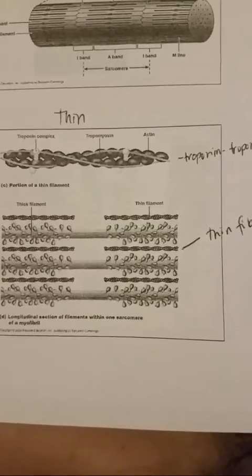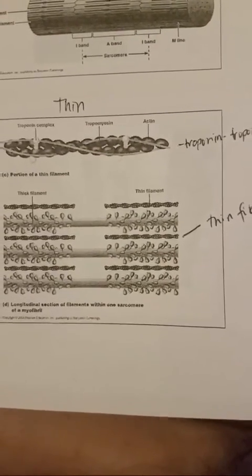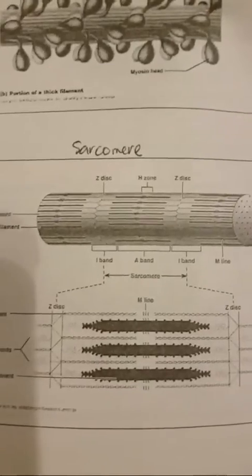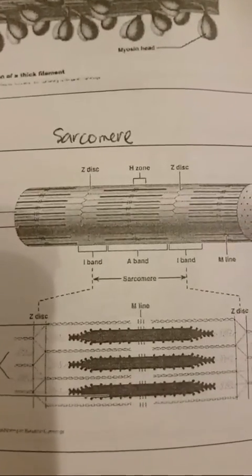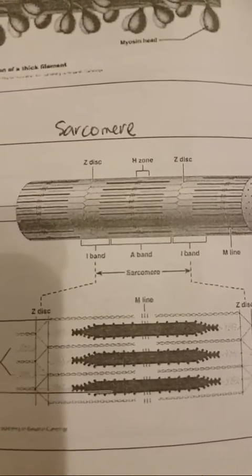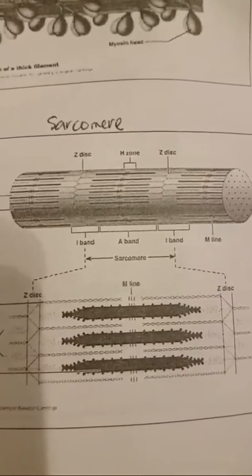So longitudinal section of filaments within one segment of myofibril. And we have sarcomere, Z disc, H zone, Z disc, I band, A band, I band, M line.